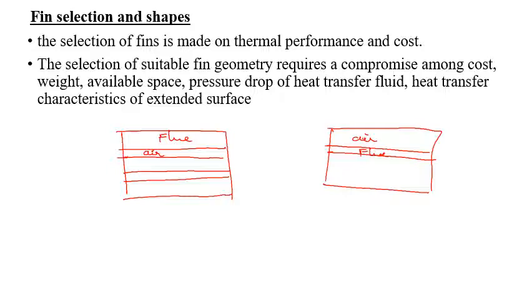By this, I may have less pressure drop and less area required, so it is more compact. But the thing is, for the operation crew, it is very difficult to clean the flue gas side when there is a jam, whenever there is a blockage. Keeping that in mind, that actually impacts the pressure drop.